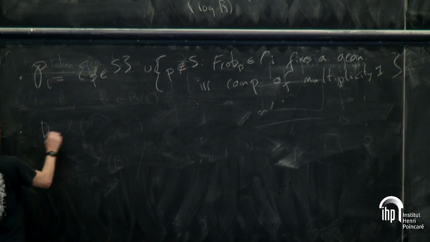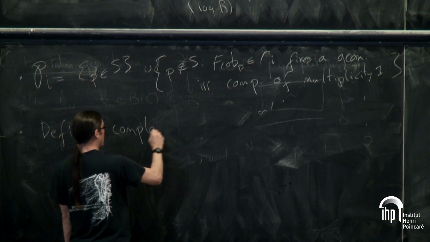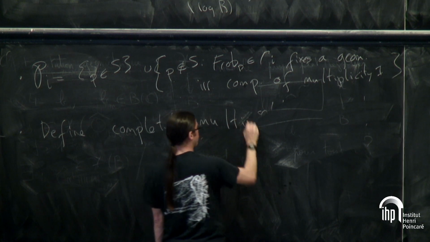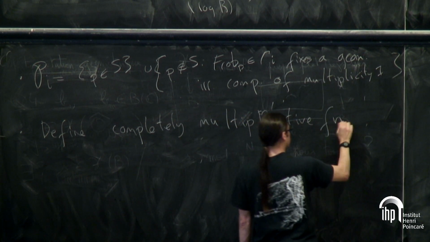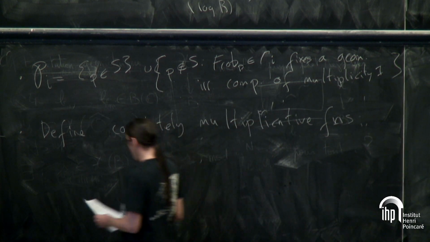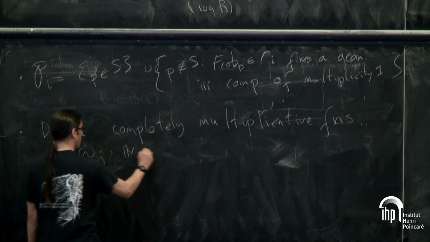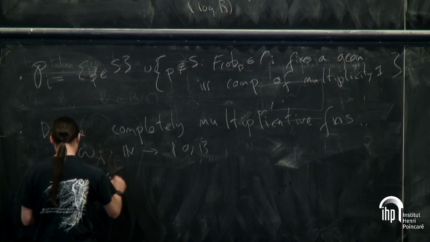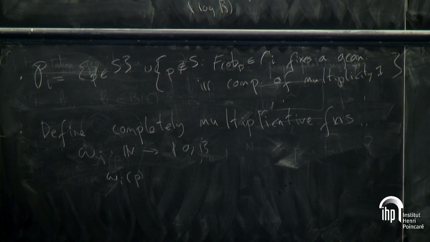Cool, then I'm going to define some completely multiplicative functions. So it's omega i from the natural numbers to {0, 1}. These are going to be indicator functions. Since it's completely multiplicative, it's just determined by its values on primes.